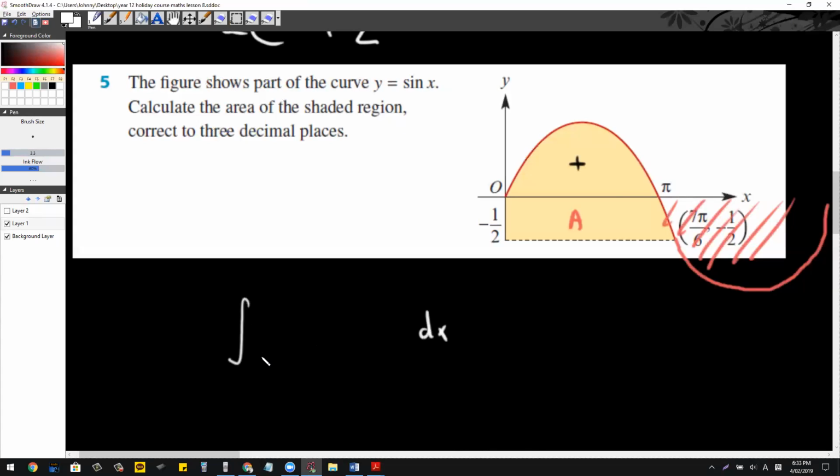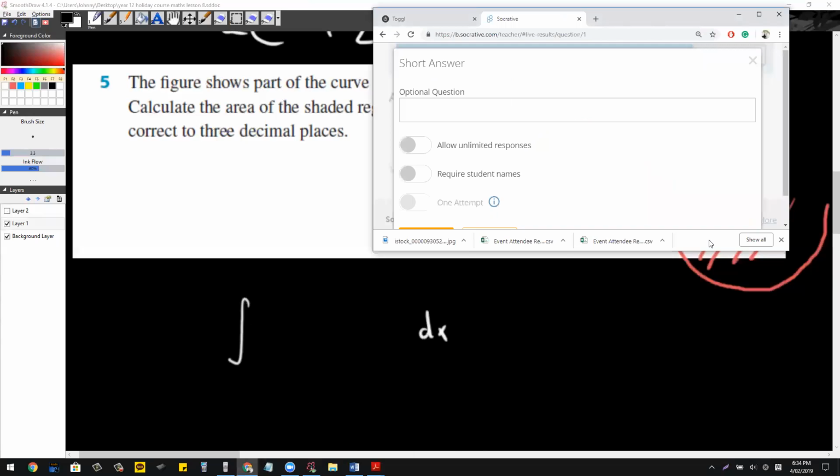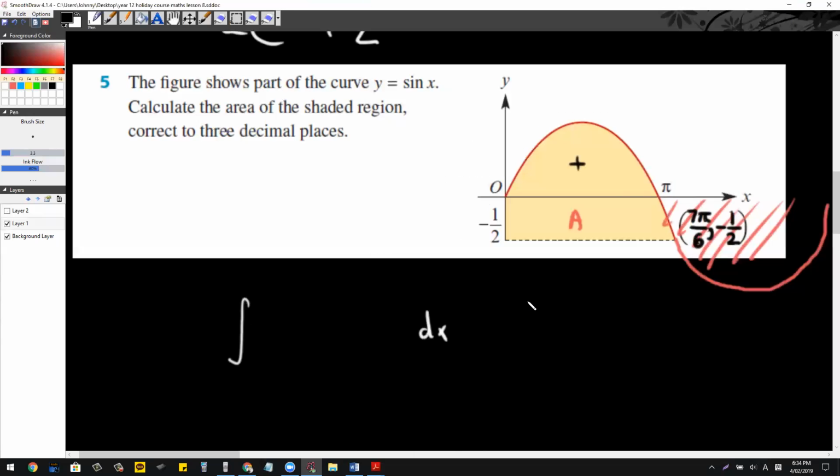And just type your answer here, please. So this value here is 7 pi over 6 and negative 1 on 2. So, yep, off you go. The aim is to figure out this area, all of this area here.